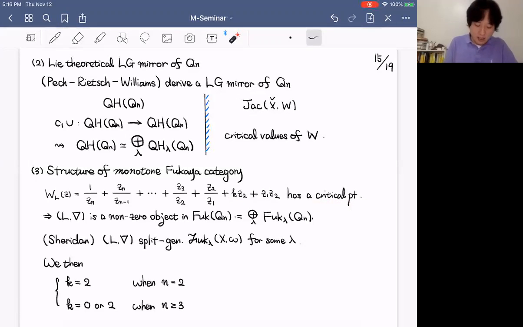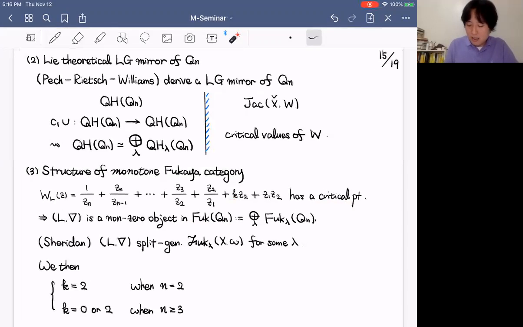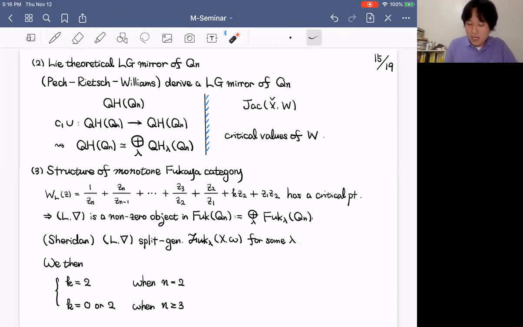That means that with some suitable C-star local system, L is a non-zero object in the monotone Fukaya category of Q^n. And then Sheridan's result says that this one is a summand of the Fukaya category at lambda, coming from the critical value, or equivalently from the eigenvalue of the quantum cohomology ring.